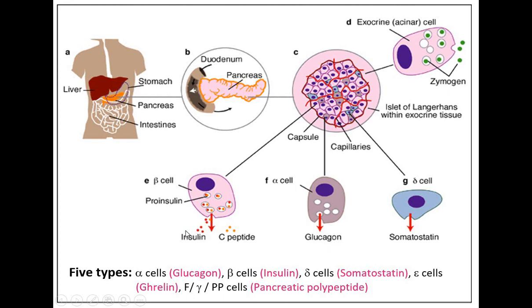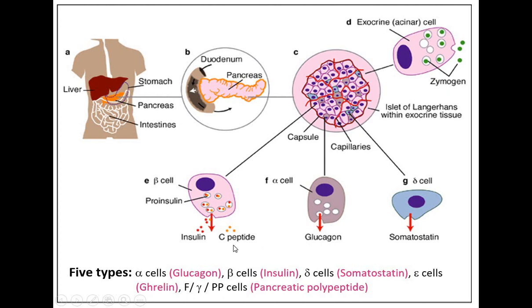Now here it is very important to note that insulin is a blood sugar lowering hormone, right? That means it reduces the level of glucose in the blood. Glucagon has exactly the opposite action, that is, it increases the blood sugar level, and that's why you can consider these two hormones as antagonistic hormones.